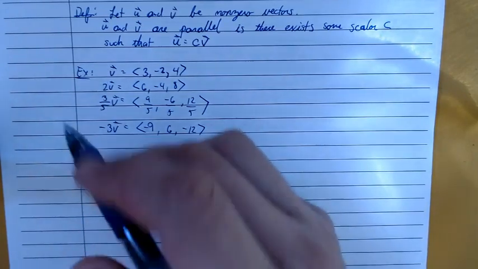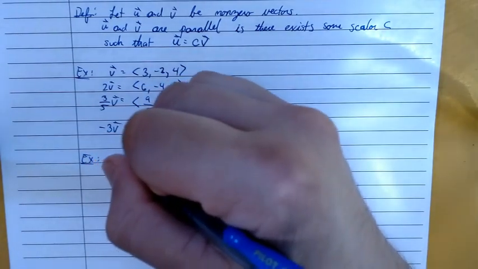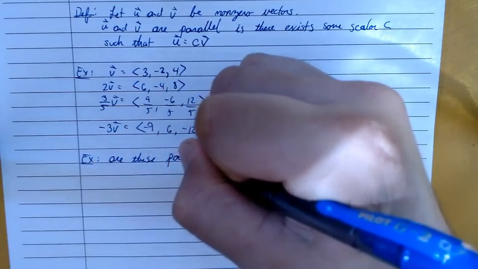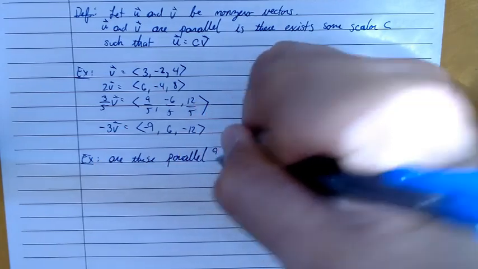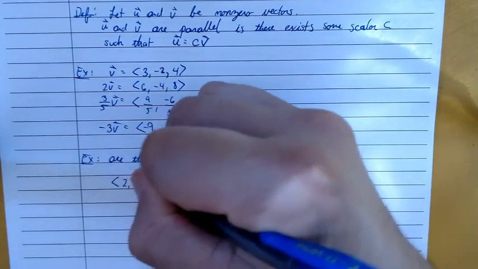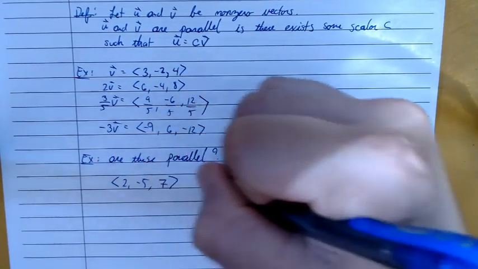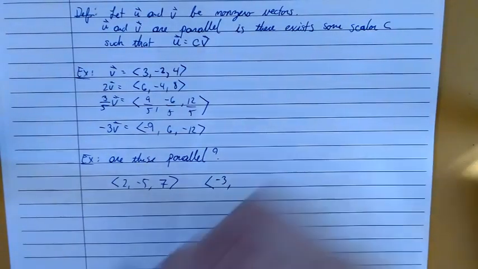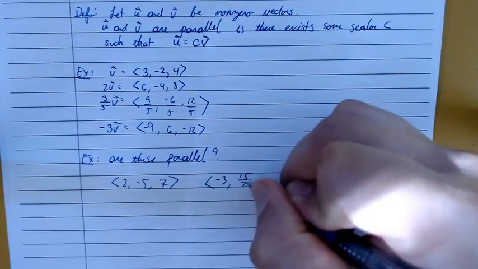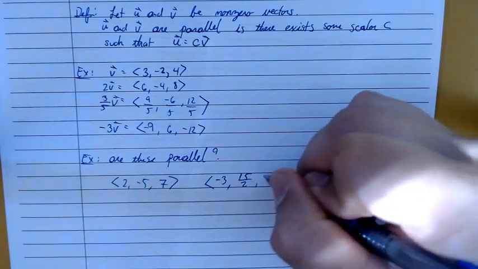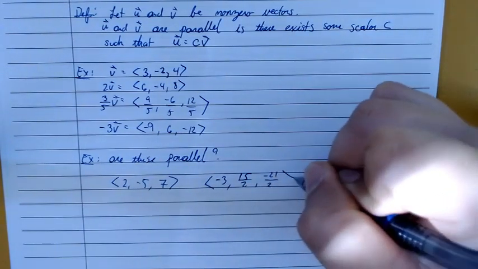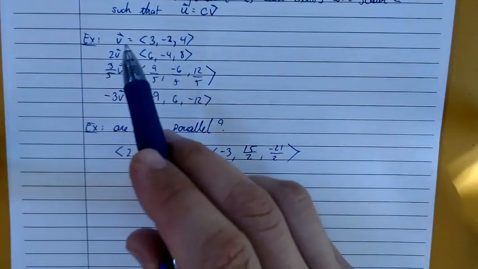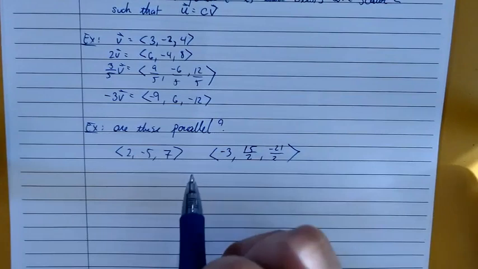What if I just had two vectors and I said, okay, are these parallel to each other? 2, negative 5, 7, negative 3, 15 halves, and negative 21 halves. Well, this way is simple enough because I know where I got these from. But here, how can I tell?